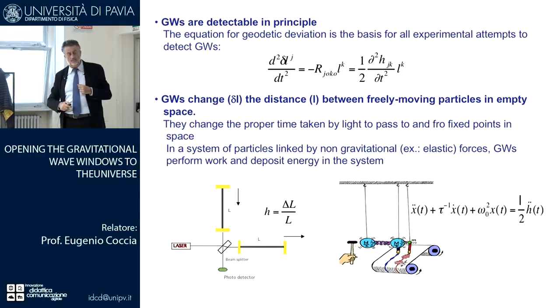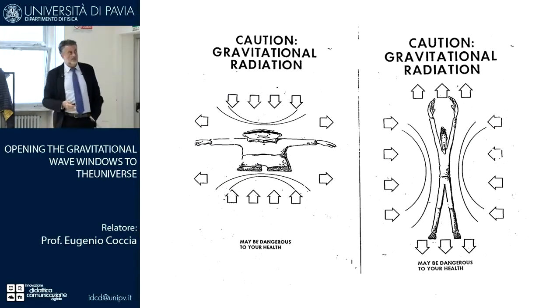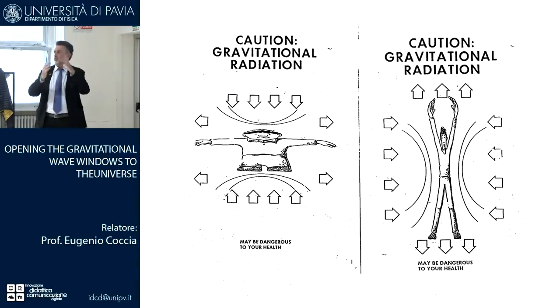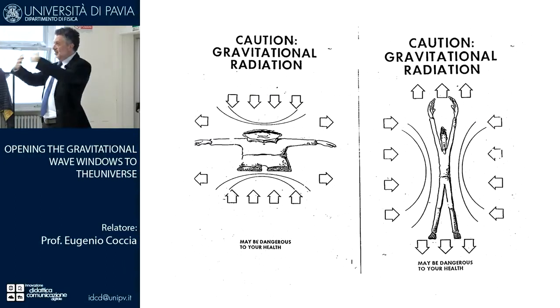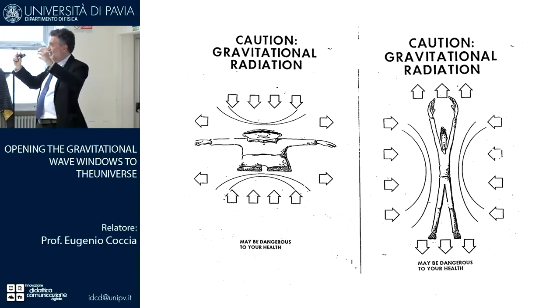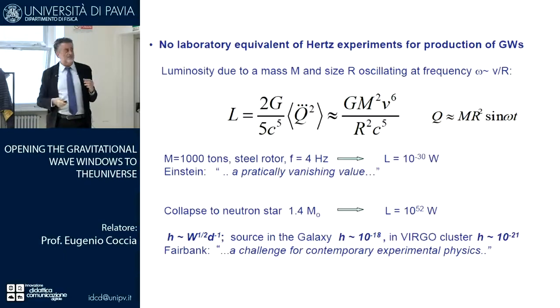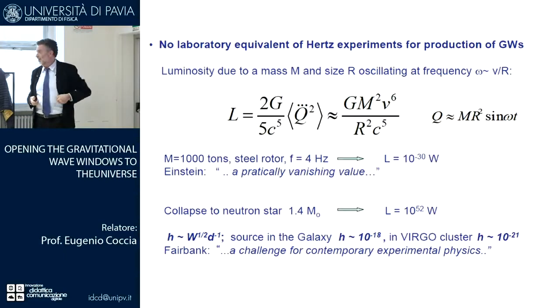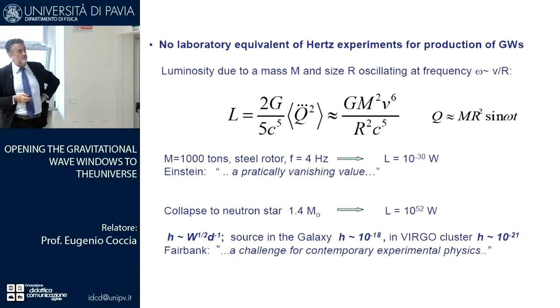In both cases, gravitational waves could be measured. This was the effect on a test mass. A gravitational wave passing through a test mass will have this effect, which is not so evident, of course, and this is why it took 50 years of experimental efforts to detect gravitational waves.